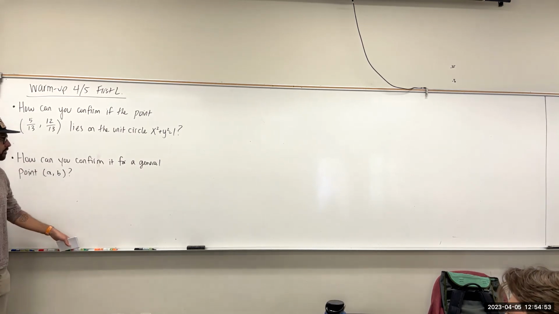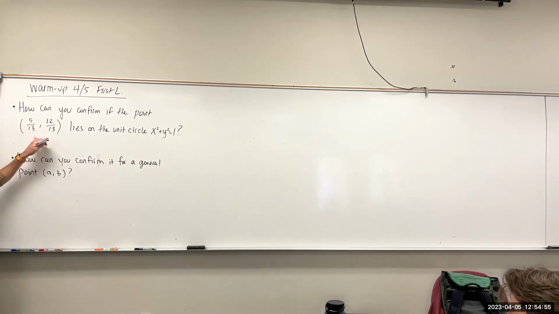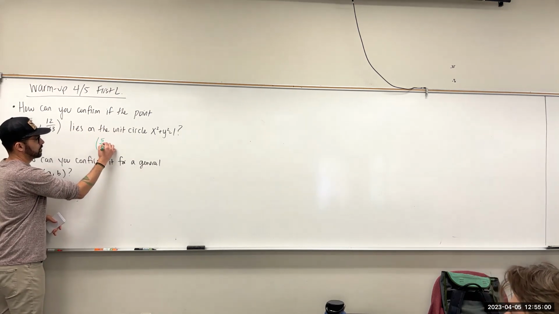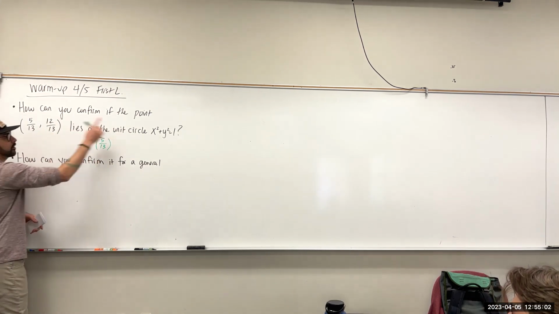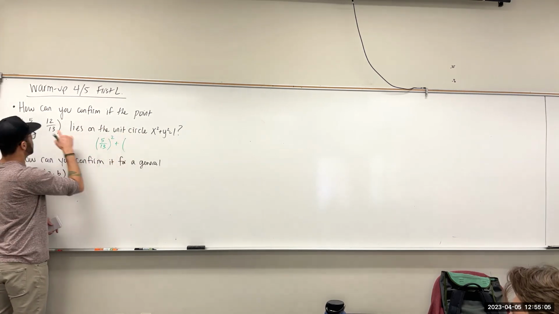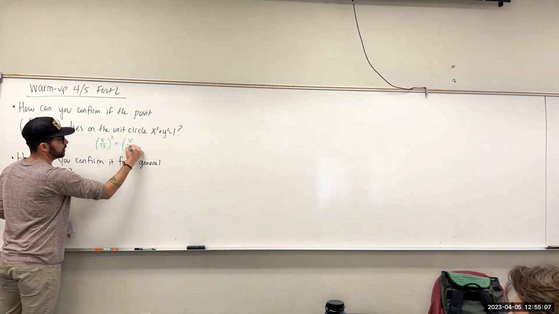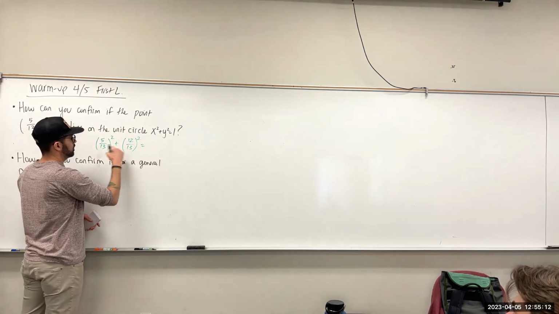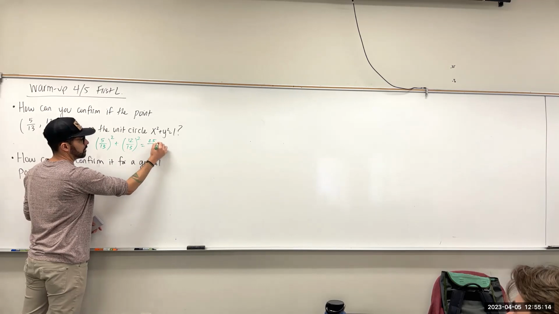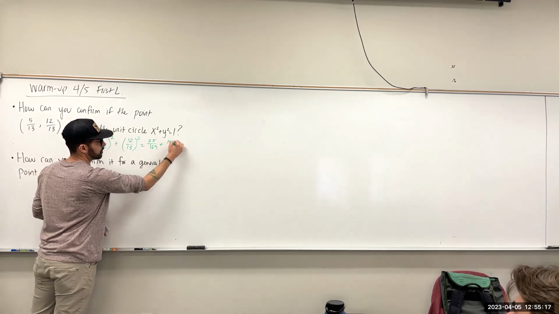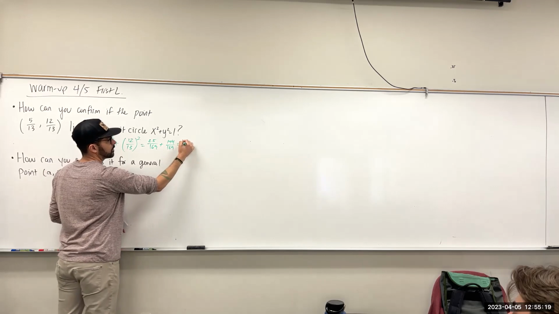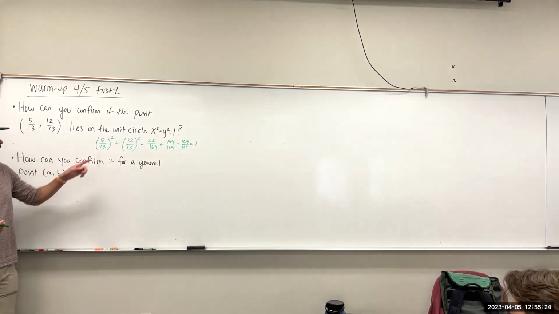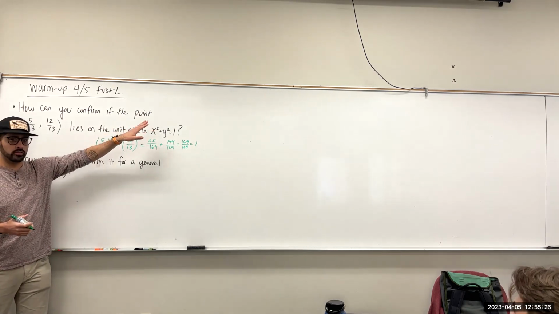I just plugged in 5/13 for x and 12/13 for y, and then I simplified it, which came out to be 25/169 plus 144/169. That equals 169/169, which equals 1. And so that means that it satisfies the equation of the unit circle.